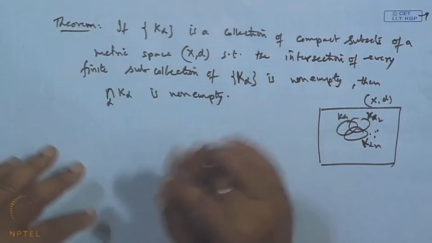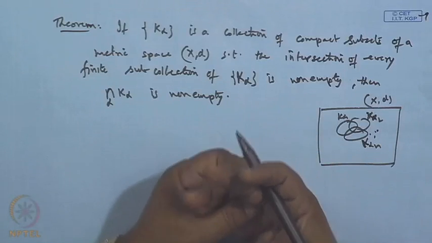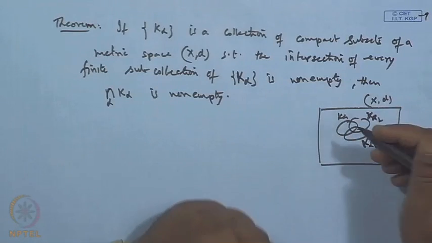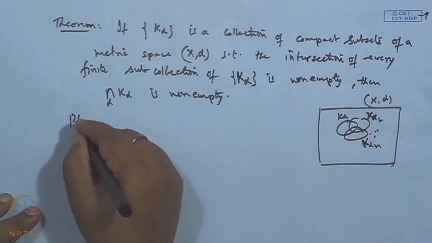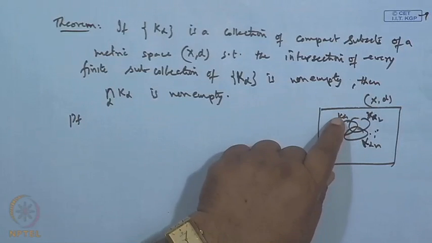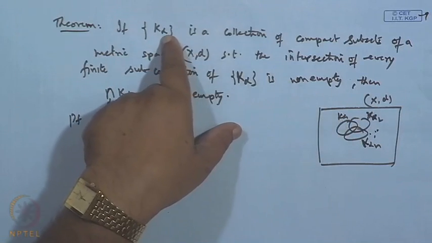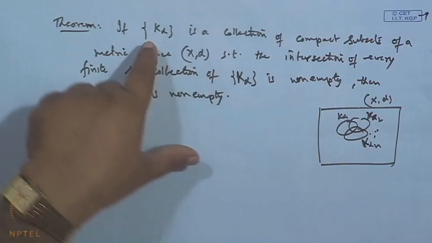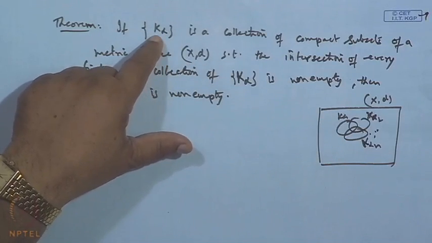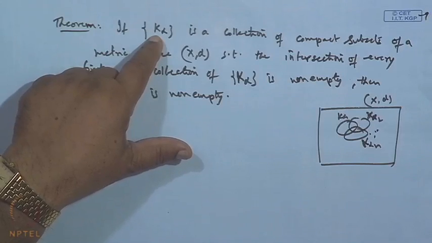So, this we will prove by contradiction. Suppose we pick one of the sets out of K alpha, say K1, such that no element of the set K1 belongs to each K alpha.